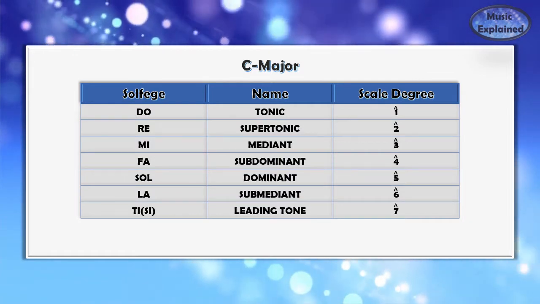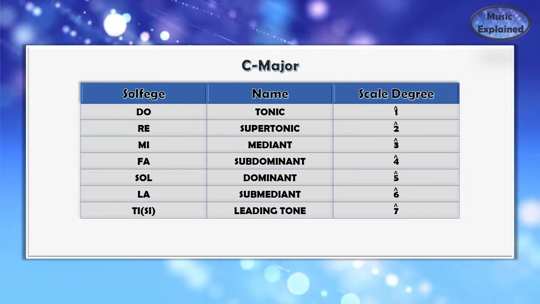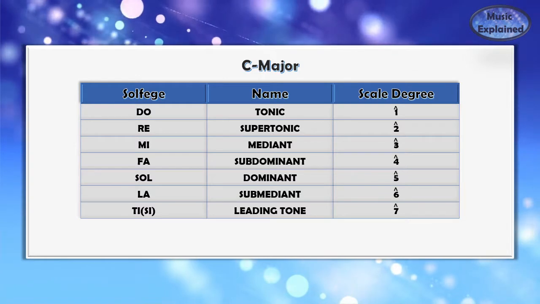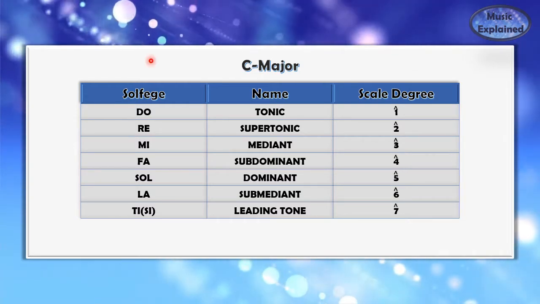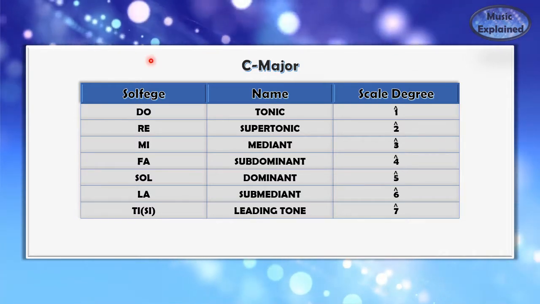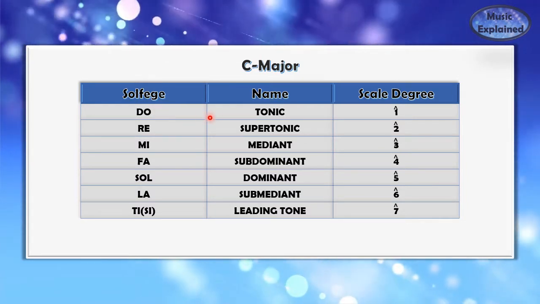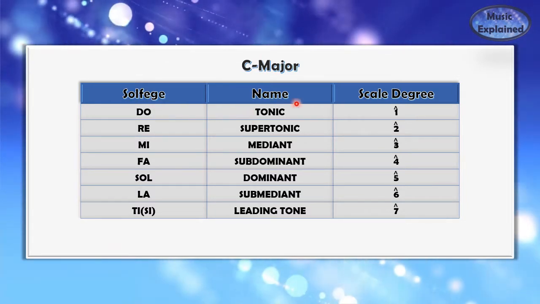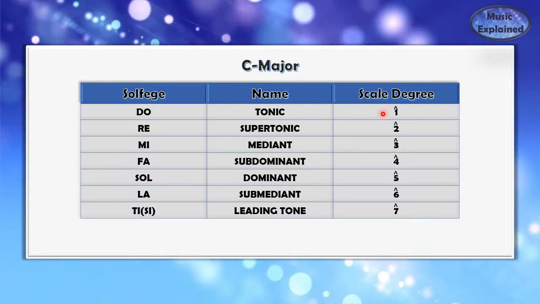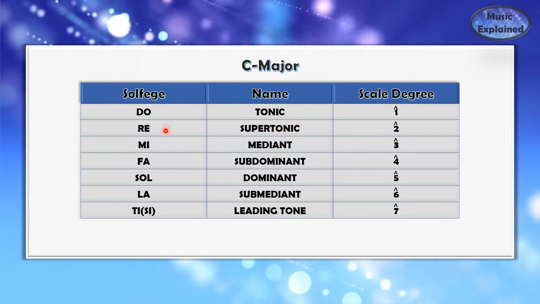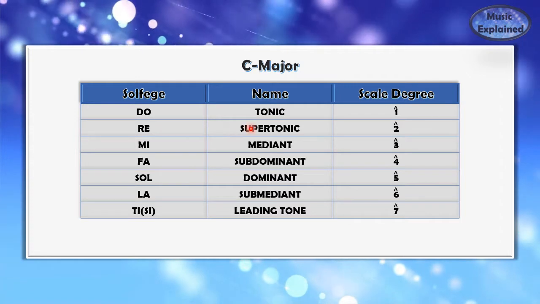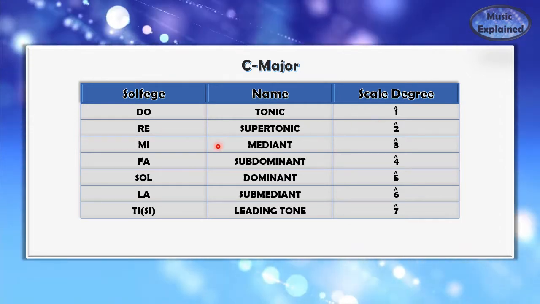So here we have all the solfege syllables, the names, and the scale degrees. For example, we have do. Do is a tonic and is number 1 on the scale degree. Re is a supertonic. It's number 2.